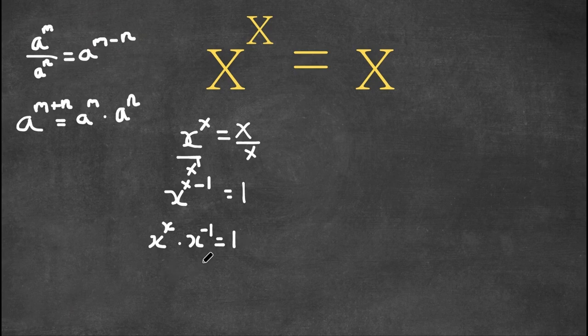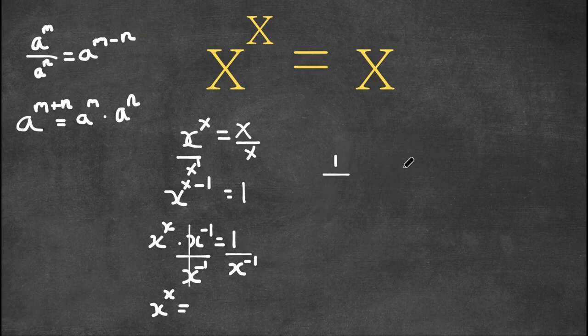So now, if I divide both sides by x to the power of negative 1, these two would cancel out, so I would get x to the power of x is equal to 1 over x to the power of negative 1, which is the same thing as 1 over 1 over x to the power of 1.